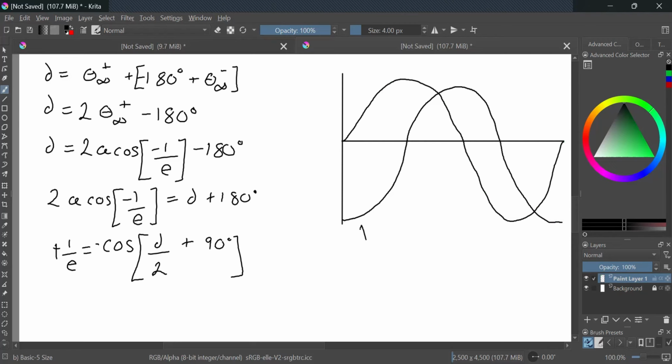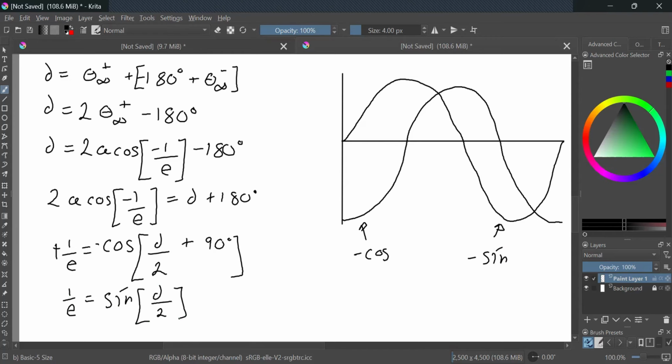Where this is our minus cosine, and this is our minus sine. So to write this another way, we have 1 over e equal to the sine of delta by 2.